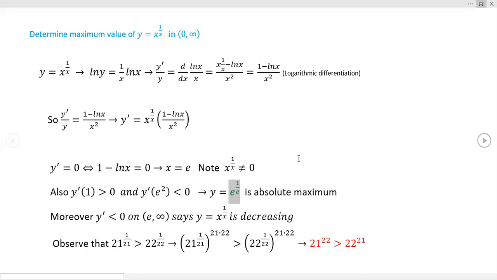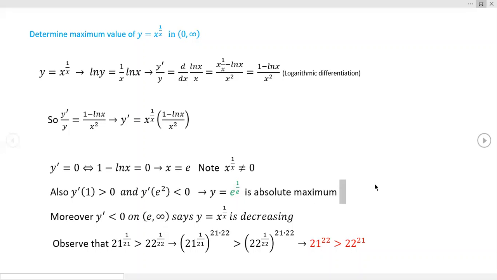Also, we can conclude that the graph is decreasing on e to infinity. You see, when we picked a number to the right of e, we got negative. So that indicates that the graph would be decreasing on the interval e to infinity.